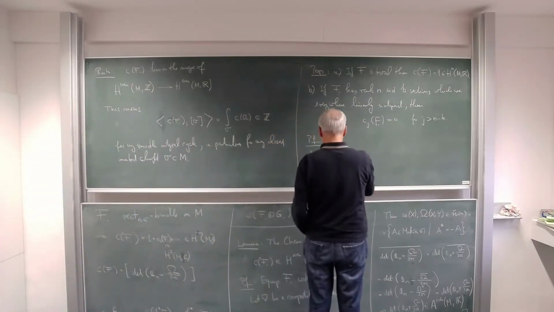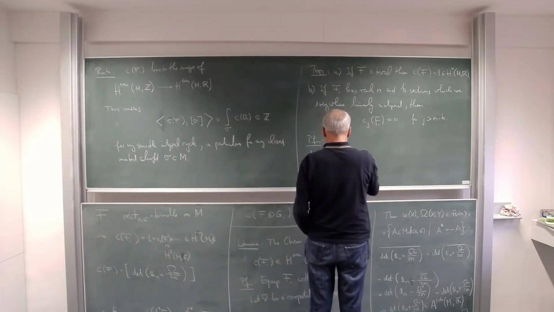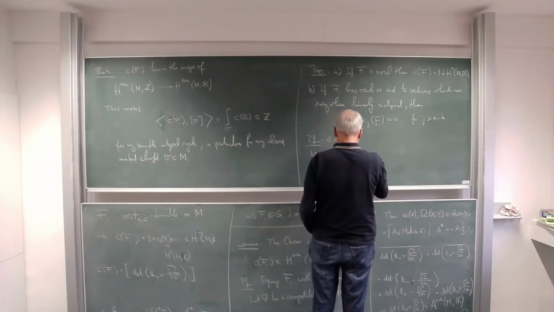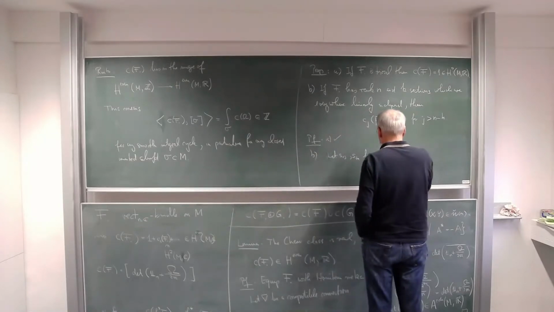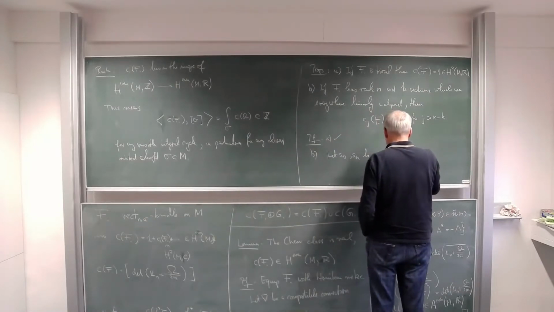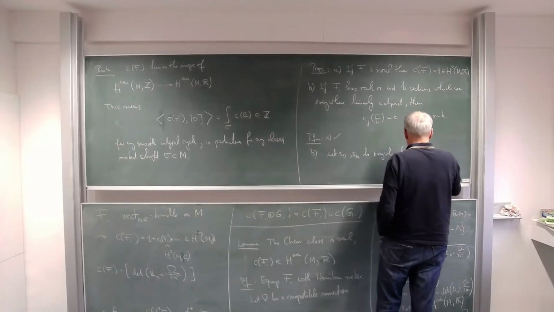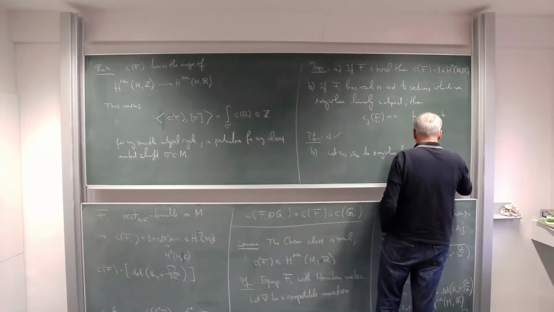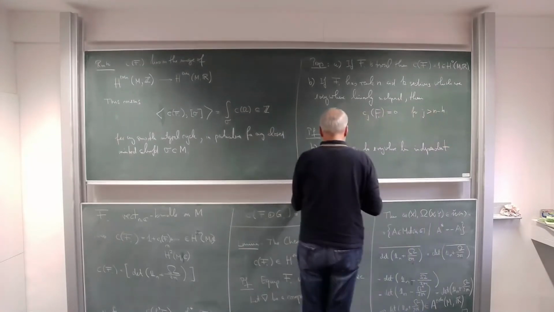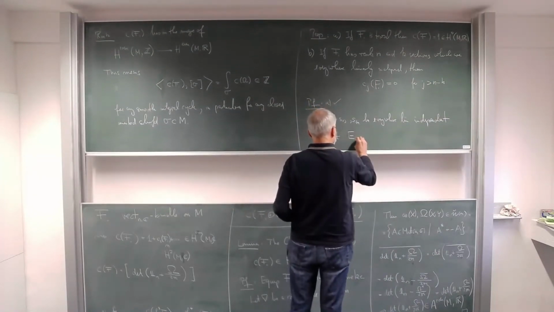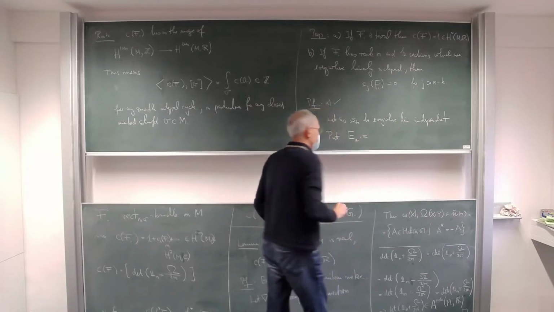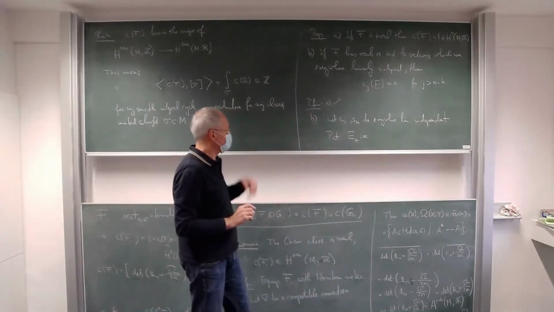So let s_1 up to s_k be everywhere linearly independent. And now put E_x to be the subspace of F_x spanned by these things.